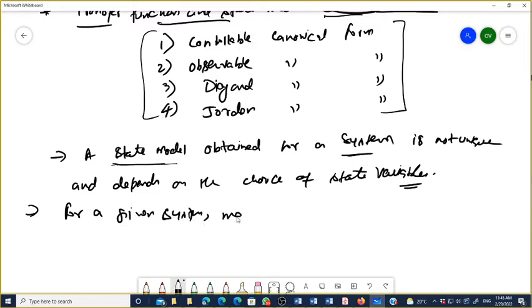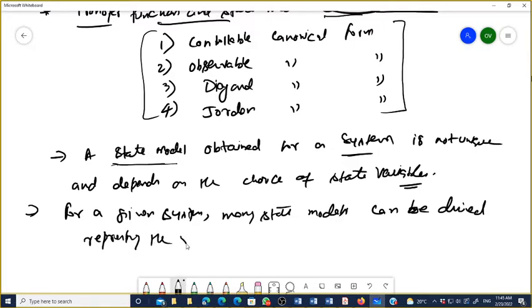Second, for a given system, many state models can be derived, representing the same system. For a single system there are many methods to represent that system.